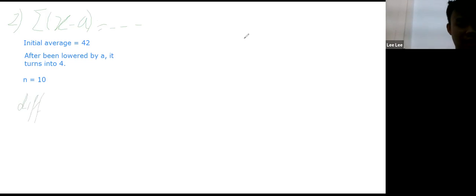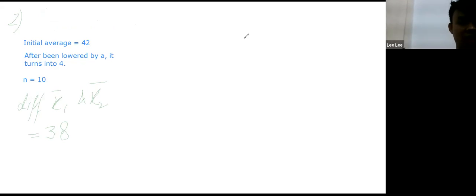The difference between x bar 1 and x bar 2 is 38. You understand over here? So let's say the question asks you to find the A.